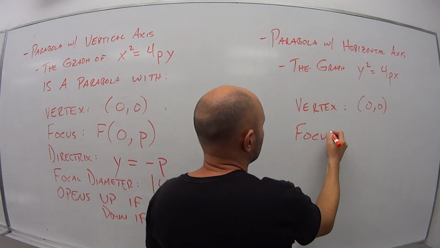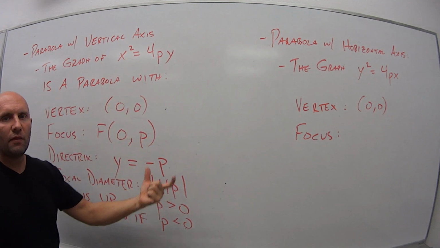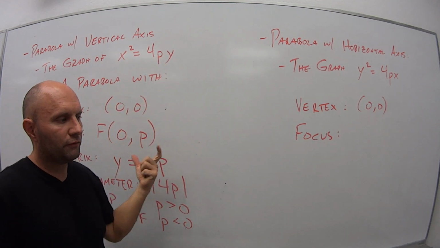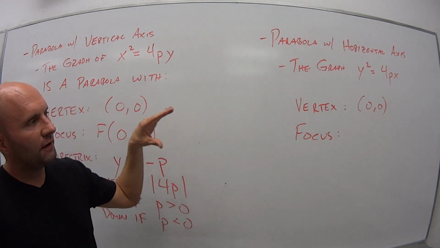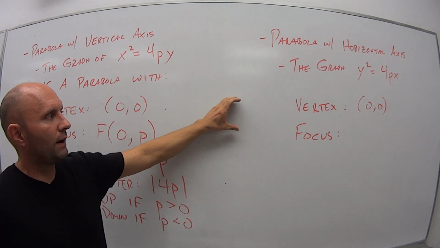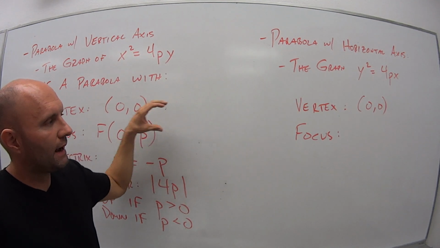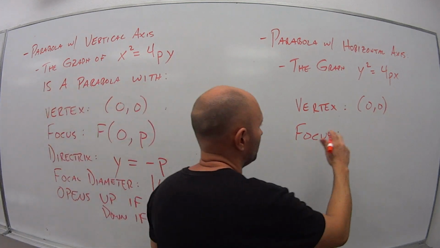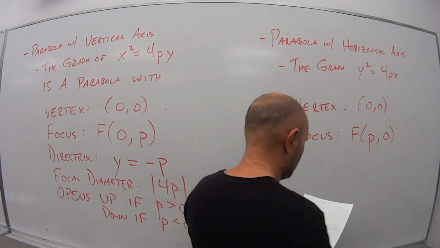The focus, in this case, we stayed on the y-axis before, so we didn't move left or right, our x value was 0, but we moved up or down. In this case, it's a parabola pointing to the left or right, so we're not going to move up or down, we're going to be moving left or right. So the focus is at the point p, 0.